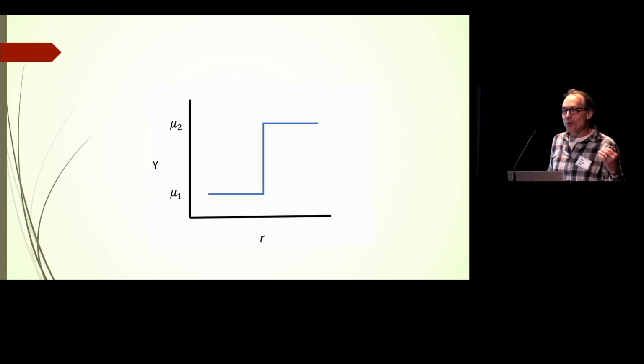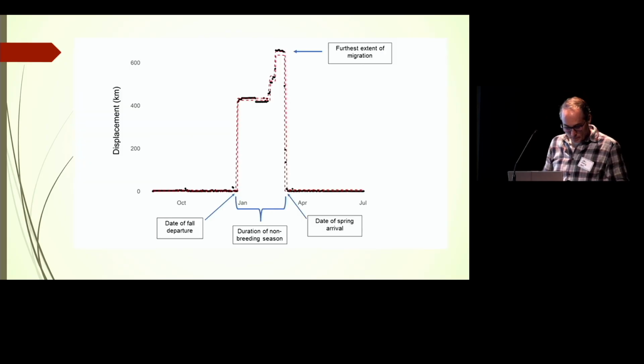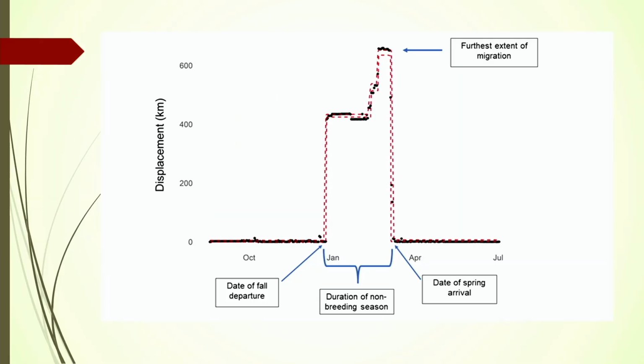But essentially, you can think of these models as having these jumps in them to identify different areas that are used for stopover sites. So you get a jump here from where the swan was captured and its breeding location. There's a stopover site, and then you have the wintering area.